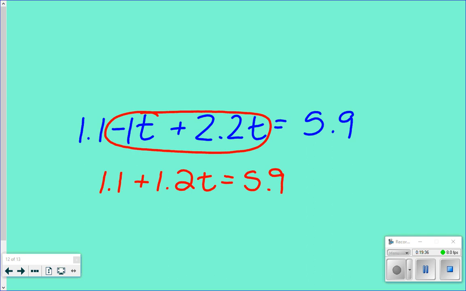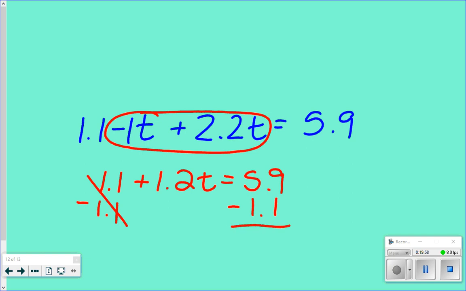Does that answer it? Do you guys understand how to put these two things together? Okay, so this is what it should be, because you're really just subtracting one from it. 1.1, well, we got to subtract it, right? Minus 1.1.